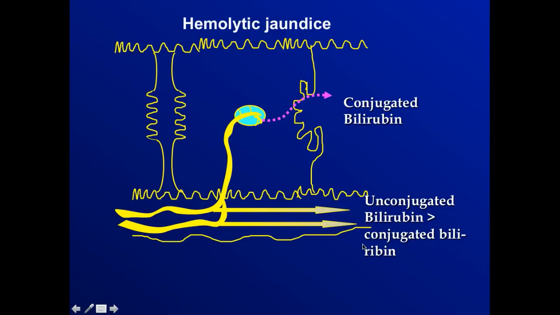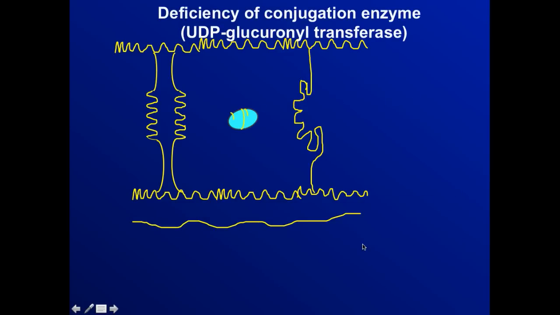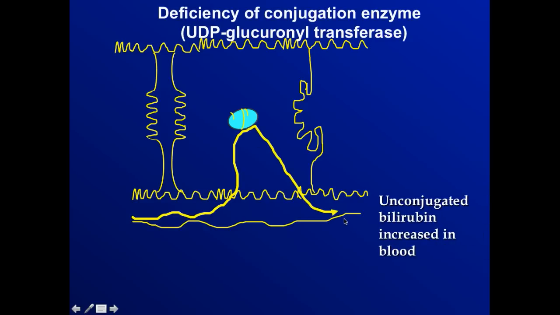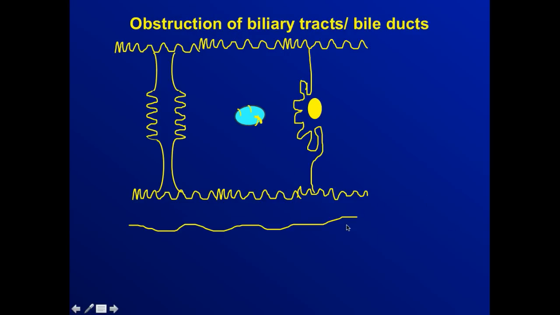Now, what about cases where the enzyme UDP glucuronosyltransferase is deficient? The unconjugated bilirubin goes inside the endoplasmic reticulum but cannot be conjugated, so again your unconjugated bilirubin will be high in the blood. Now, what about obstruction?